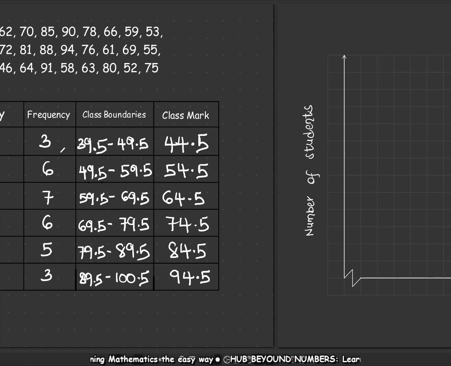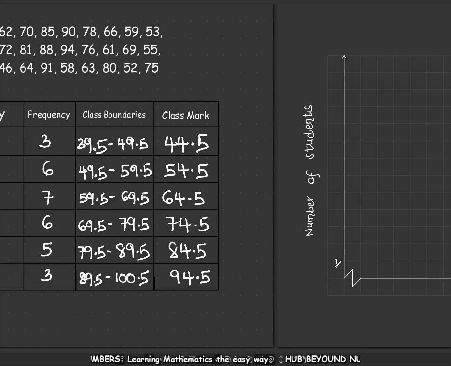For the frequency, if you take a look at what we have here, the highest frequency is 7. You should be able to span them out so that your highest is also shown within your range. Hence, I'm going to let every box represent 1. After every box, I'm going to skip in ones.